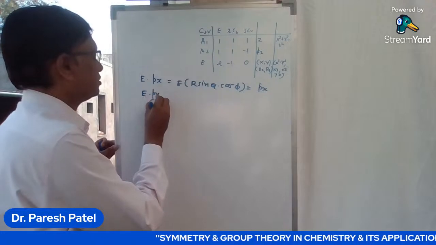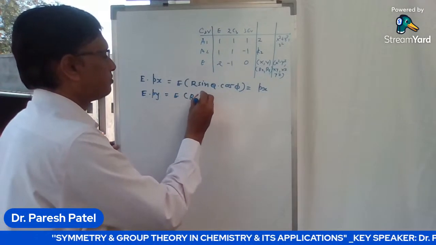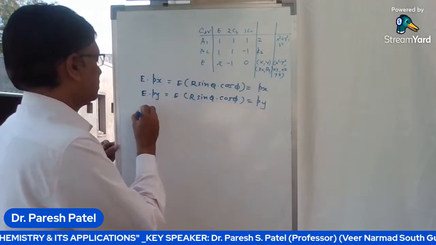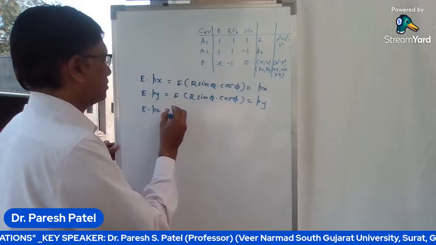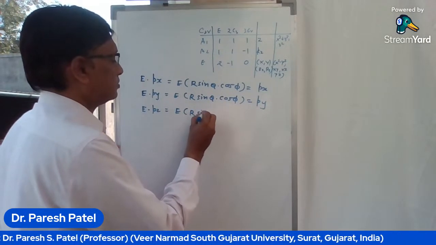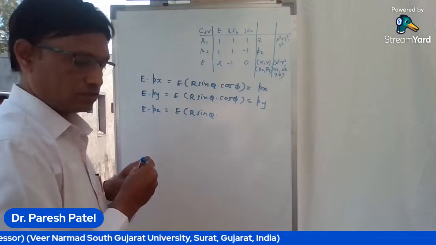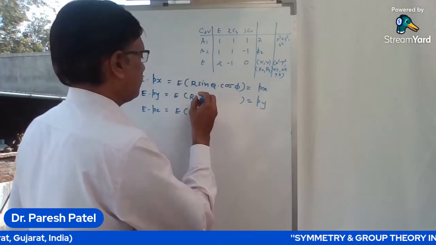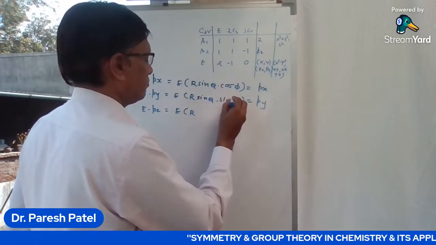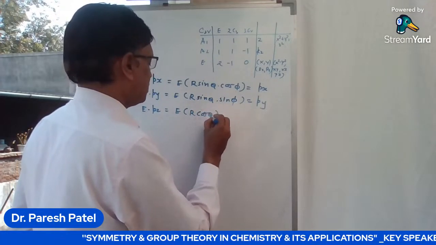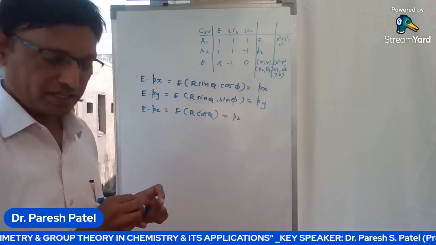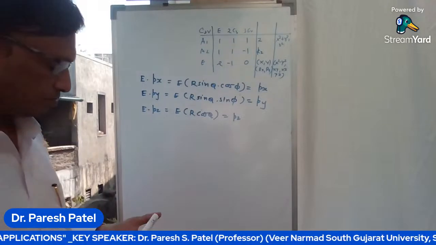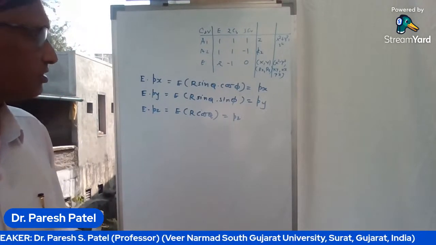E into py, so there is no change in the py. Just a minute, it should be sine theta sine phi. And r cos theta is equal to pz. So by operating identity symmetry operation on px, py, and pz, there is no change in the shape of the p orbitals.